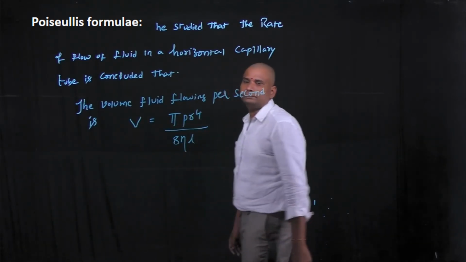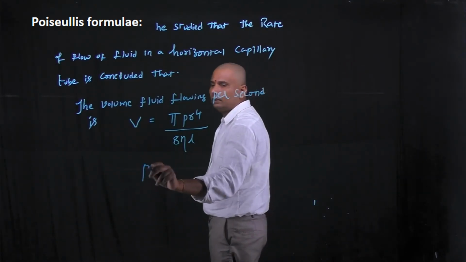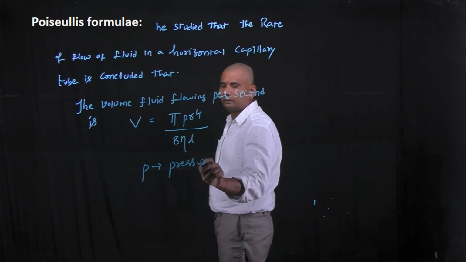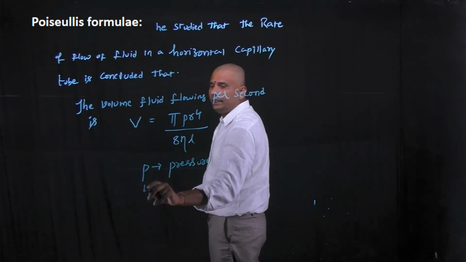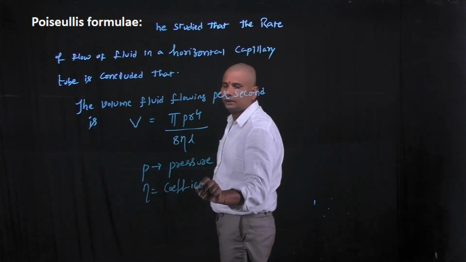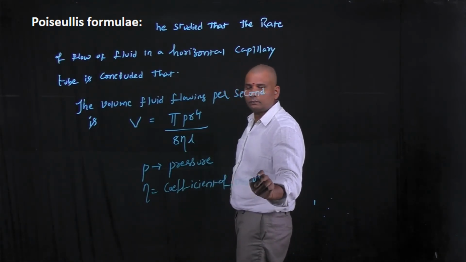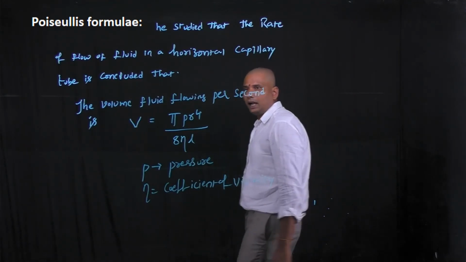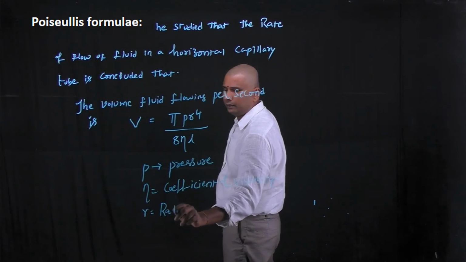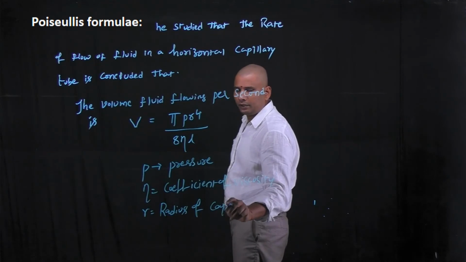eta L. In this, P is the pressure, eta is the coefficient of viscosity, and r is the radius of the pipe, radius of the capillary tube.